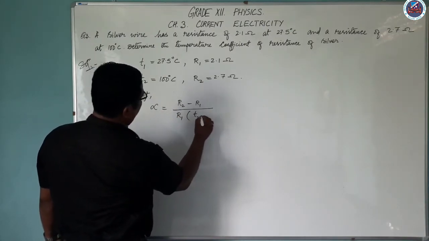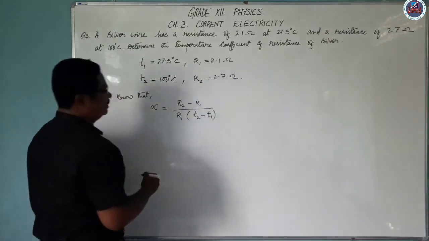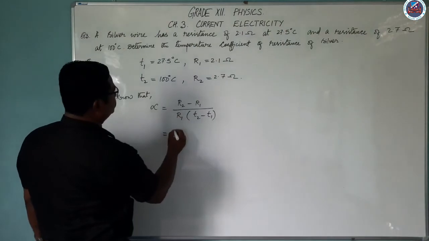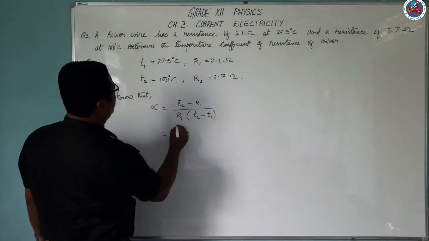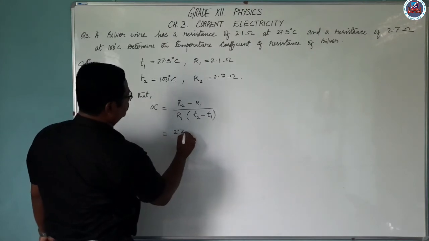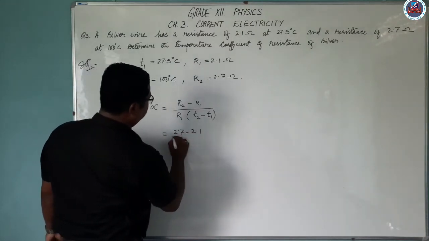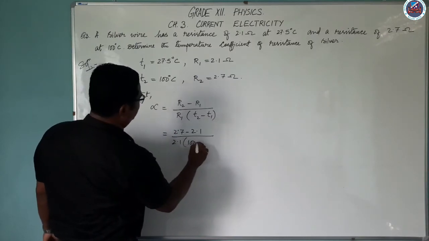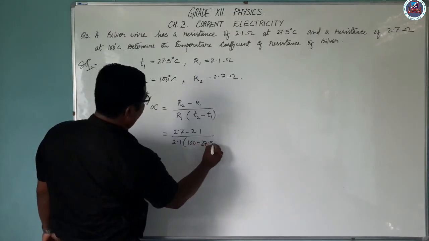So here we write T2 minus T1. Now after writing down the formula, put down the values. R2 is 2.7 minus R1 is 2.1, divided by R1 which is 2.1 into change in temperature, 100 minus 27.5.